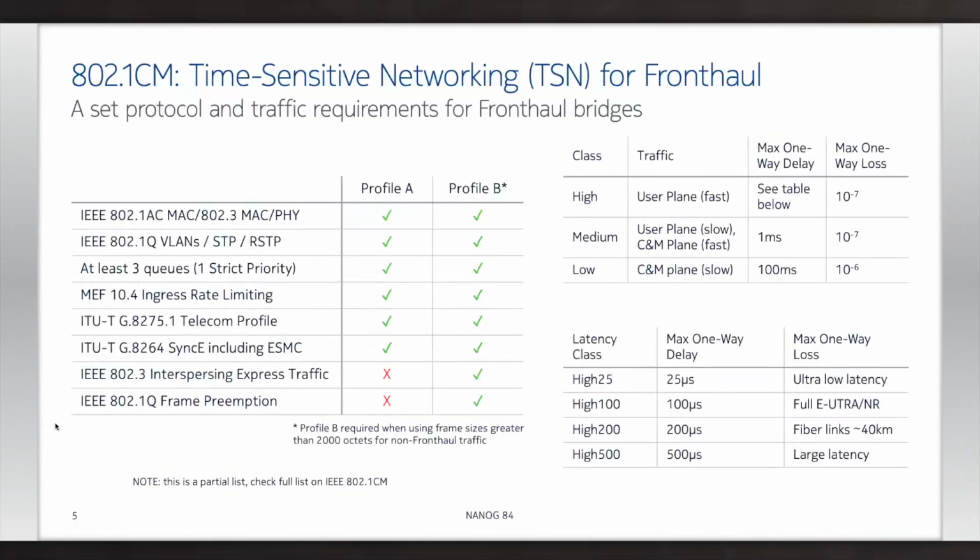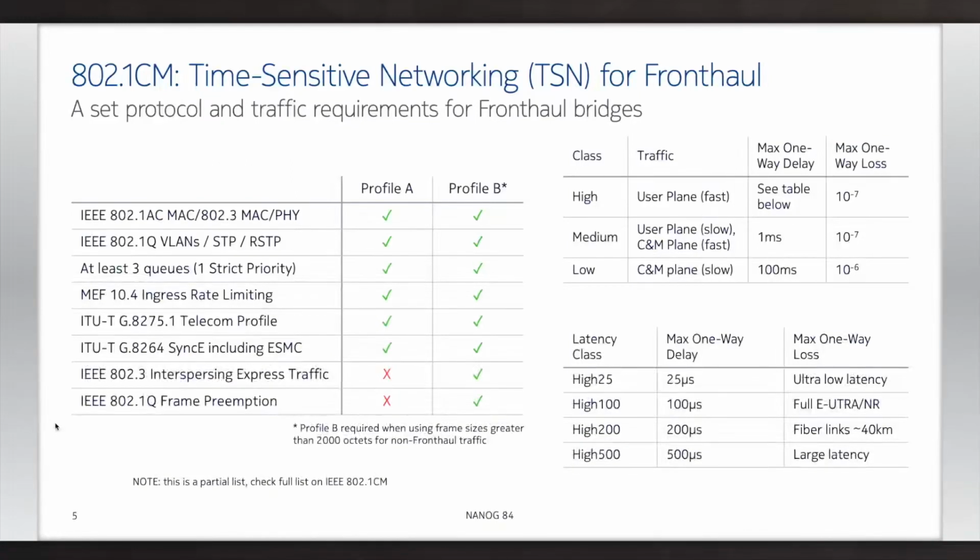Then synchronization, we see G.8275.1 telecom profile. Again, we're going to talk about that in the next section of the presentation. And also synchronous Ethernet. Again, because eCPRI does not carry synchronization, that underlying infrastructure needs to provide synchronization.